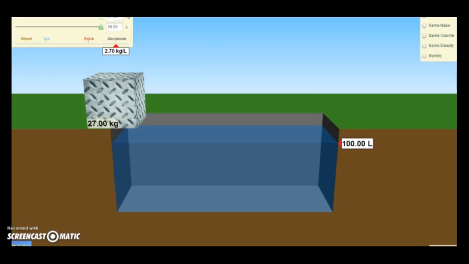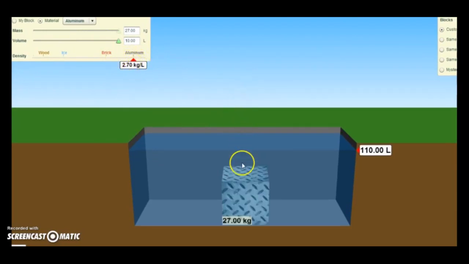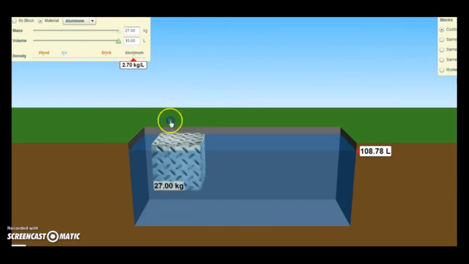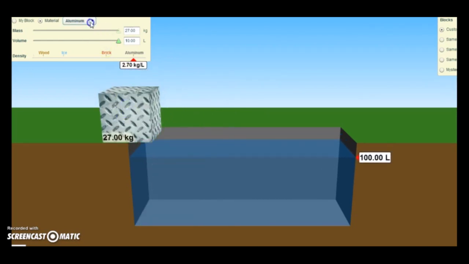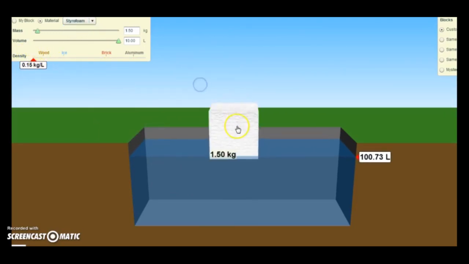You're going to want to pause this while I get this in your notes, but I'm going to go back to that little toy. Now, if we take things that have a high density, like aluminum, for example, here, there's a lot of matter packed in here. It's definitely going to sink. But if we take something with a low density, like styrofoam, that has a very low density, and it winds up floating.